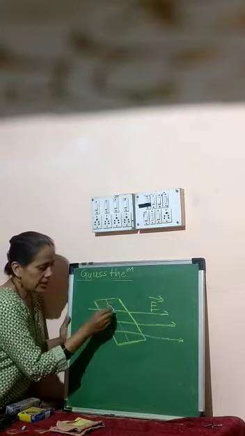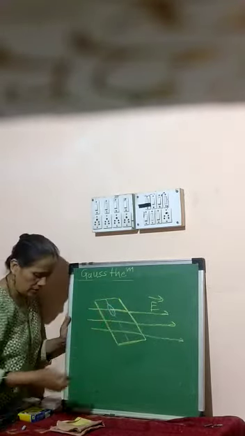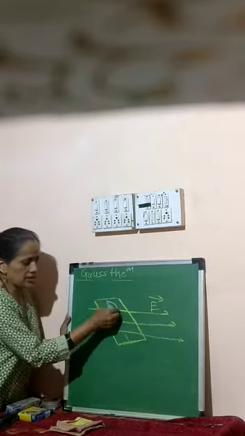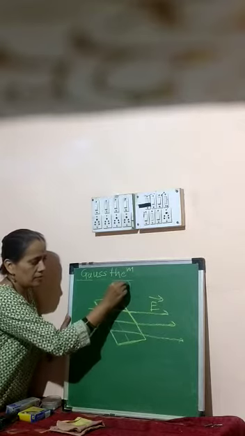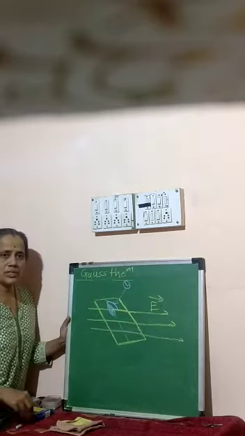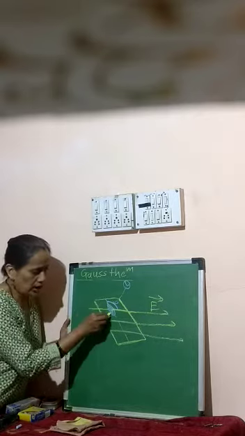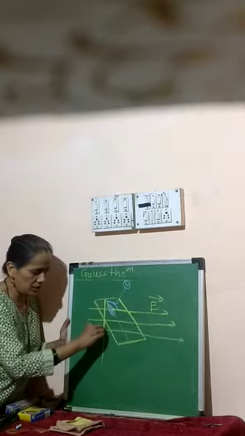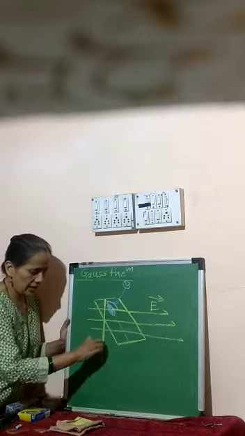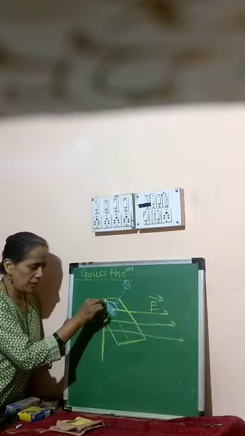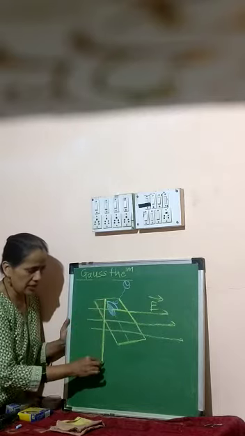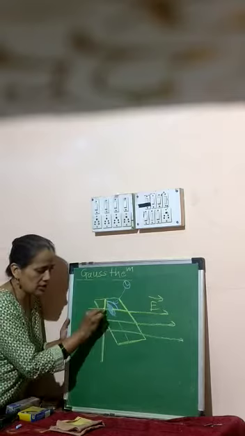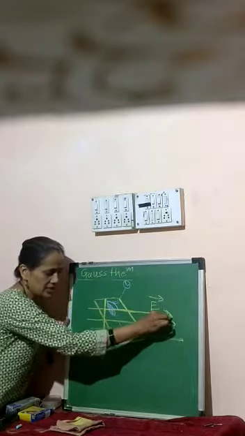This element ds is not perpendicular to the direction of intensity. There is a certain angle, which is theta. The component is not perpendicular, so now you have to draw a perpendicular component of the surface area. Here I draw the component of ds which is exactly perpendicular to the direction of electric intensity.